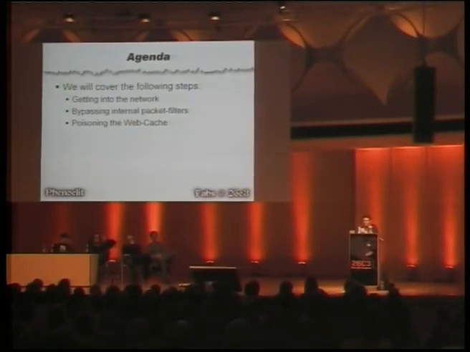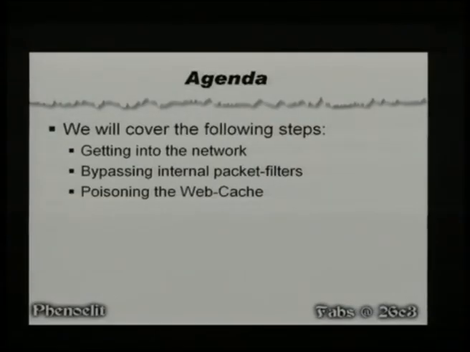So these are the things that we're going to be looking into. We're going to do the entire thing. We're going to show how you get into the network, and once you are in the network, before you can work all your layer 2 tricks, you'll probably have to bypass one filter or two, because just being in the network doesn't mean being in the network.